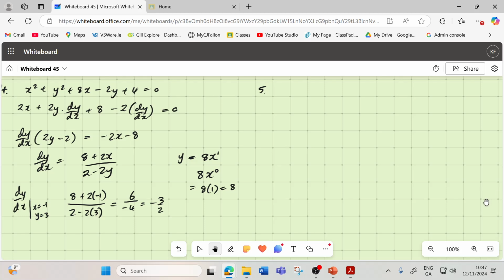Right, next question. Find dy/dx for y equals the square root of x squared plus something. Here again we have the minus signs on the bottom.